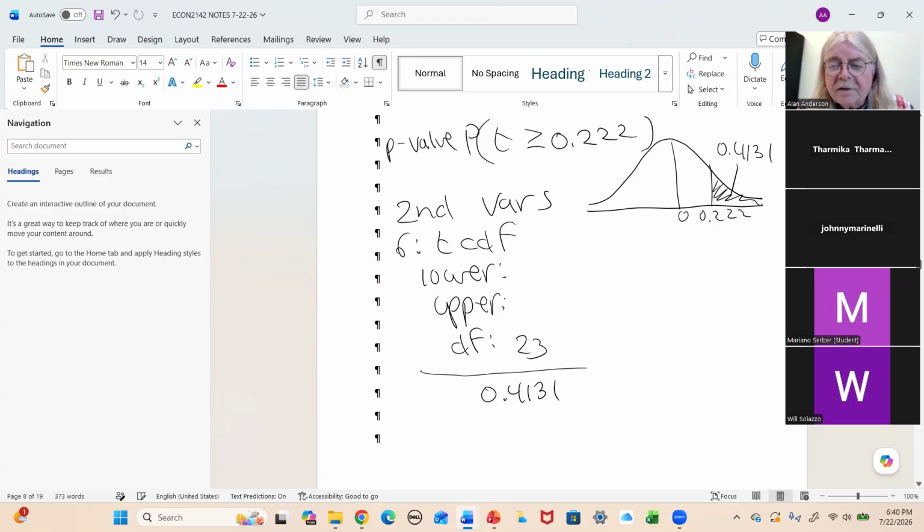So remember, this is the p-test, so you're comparing the test statistic with the alpha. So in other words, this area is more extreme than the test statistic.